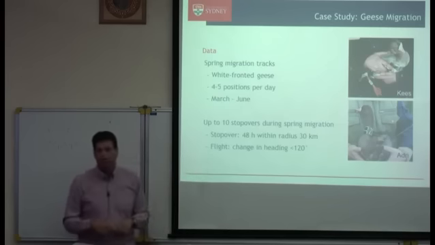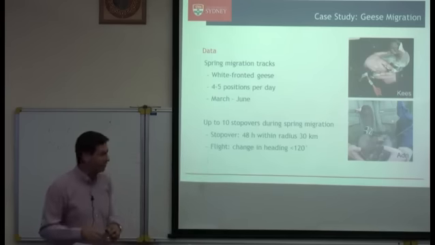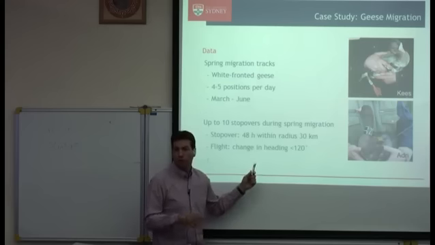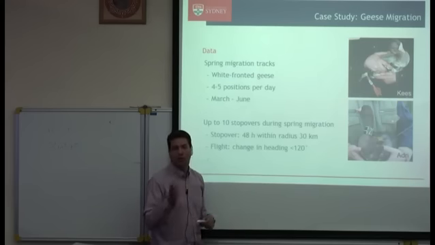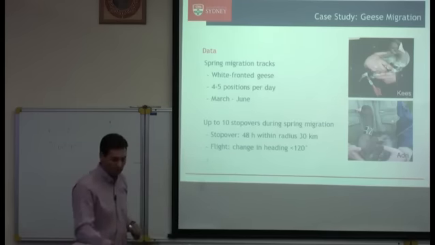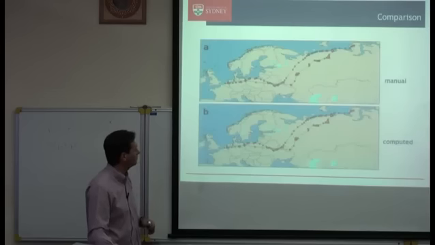When you're flying, you have a migration flight. We don't want the bird to change direction too much, because the bird actually has a target, so it is flying very much focused on that target. You want the heading to be less than 120 degrees.